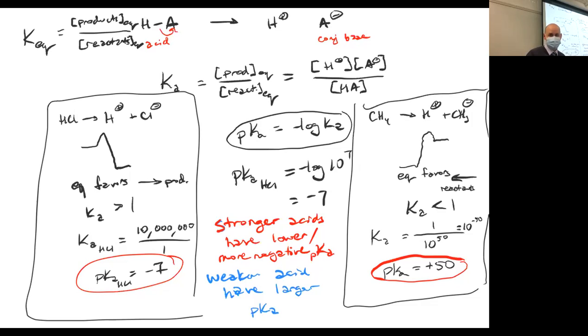You can tell by this Ka value, so in lab, we can figure this out, that this reaction tends to go forward 10 million times for every one time that it doesn't, which tells us from a point of view of stability that Cl minus and H plus is more stable than HCl being together. So this thing tends to fall apart.